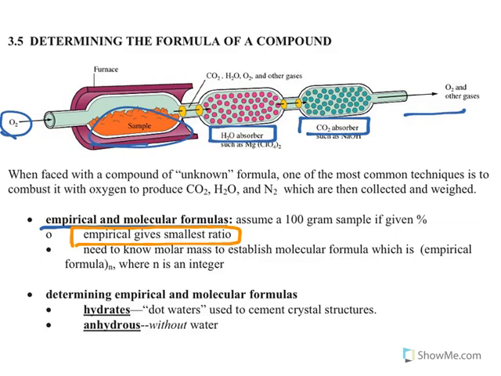So when we determine empirical and molecular formulas, sometimes we do that with things that are considered hydrates. So they have dot waters. Essentially, they're water molecules that are associated with their crystal structure.